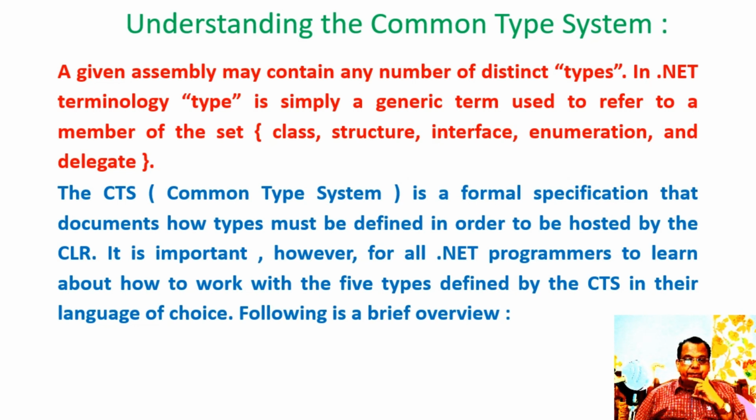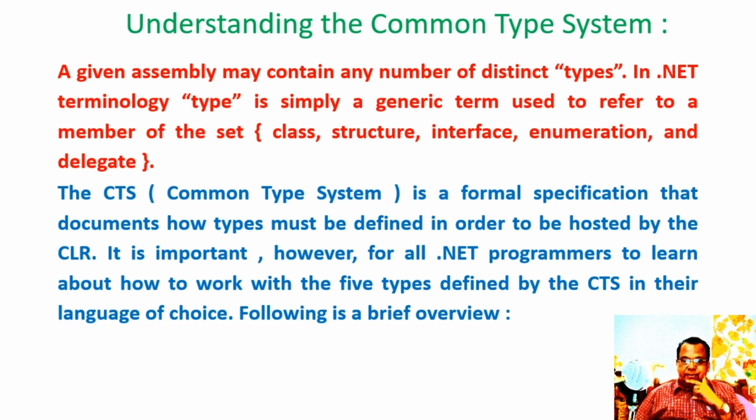In .NET terminology, type is simply a generic term used to refer to a member of the set within curly brackets. There are 5 types: class, structure, interface, enumeration, and delegate.